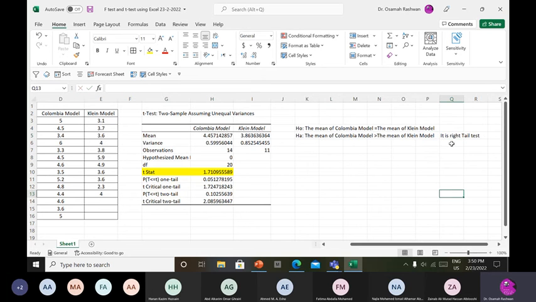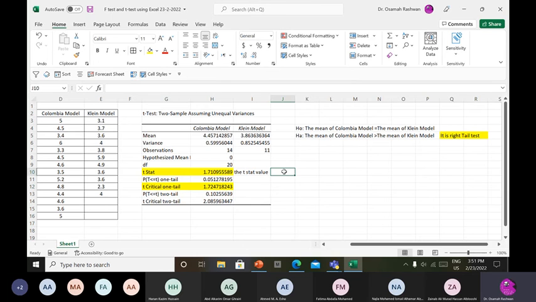Okay, this is very important for you. Why is it very important? Because when I go for the critical value, I will go for the critical value for one tail, right? Okay, so the t-stat is less than the t-critical. So this is the t-stat value. This is coming from the formula, right?